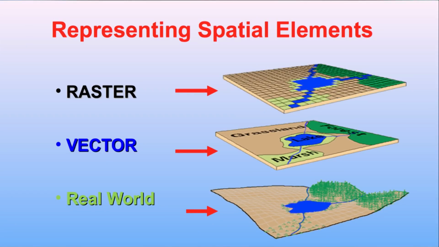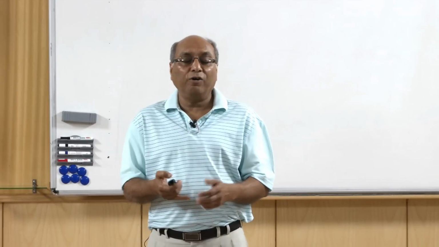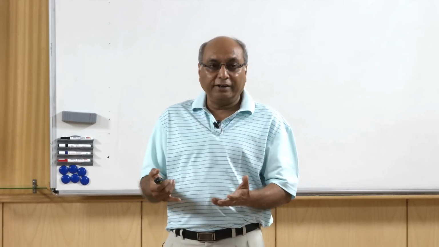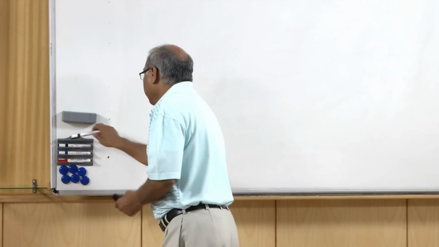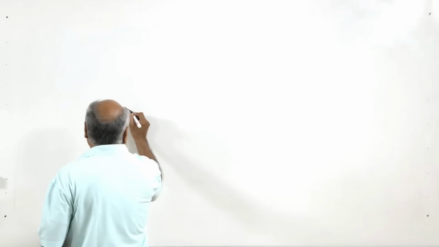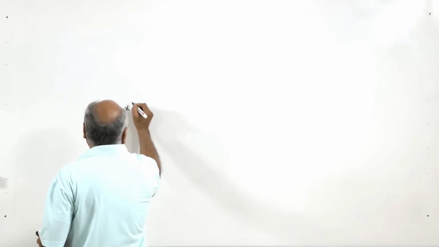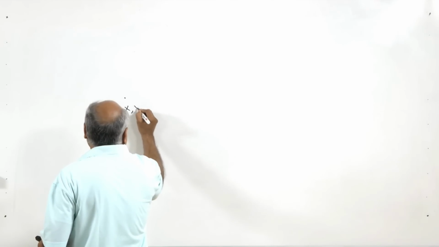And then there is associated non-spatial data, or attribute data, or in simple terms you can think of it as tabular data. So, you have an object, and suppose this is x y, this is one point, so it will have one x and y.